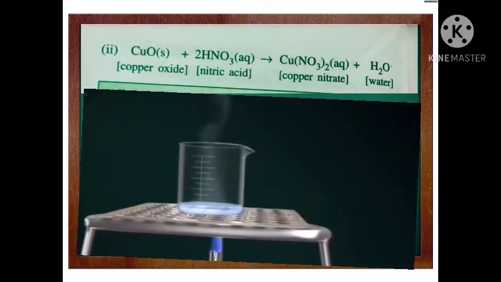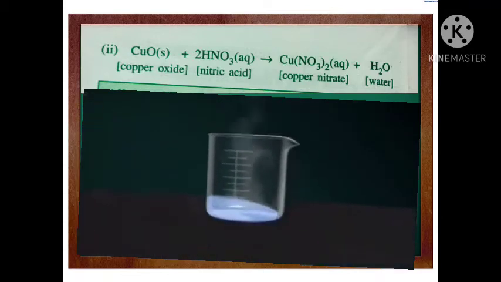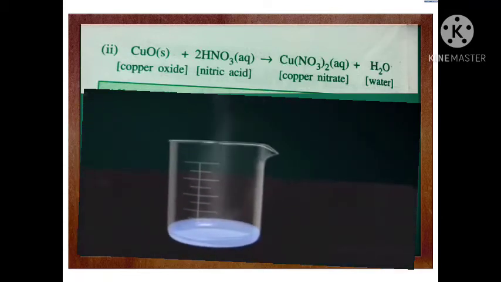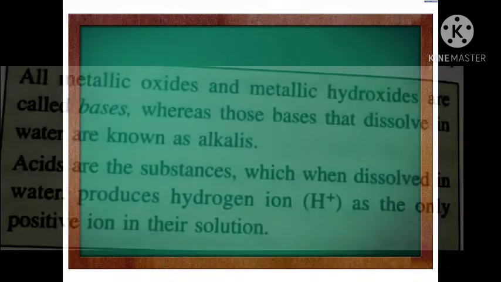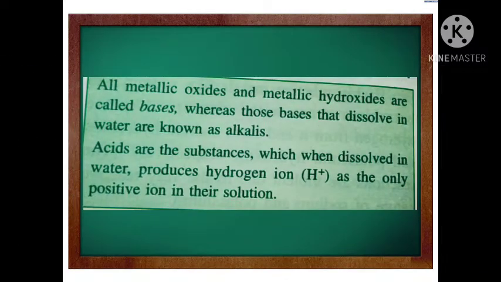On heating, the water gets evaporated to give saturated copper nitrate salt at the bottom of the beaker. Always remember, all metallic oxides and metallic hydroxides are called bases, and those bases that dissolve in water are known as alkalis. Acids are the substances which, when dissolved in water, produce hydrogen ions, that is H plus ions, as the only positive ions in their solution.